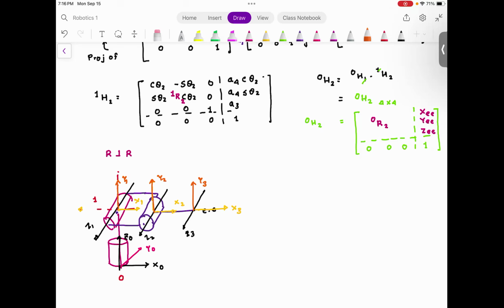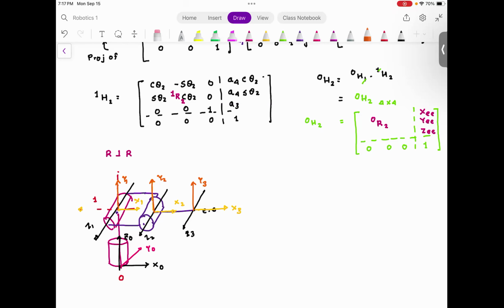Now, what is the most important difference between the previous problem and this problem? Tell me quickly. Can you see that my frame number 3 is aligned with frame number 2? Frame number 2 is aligned with frame number 1, but frame number 1 is not aligned with frame number 0, which means your projection matrix is not going to be an identity matrix.